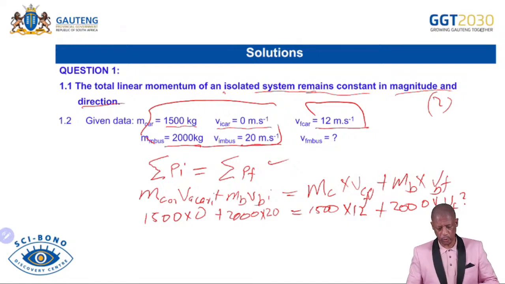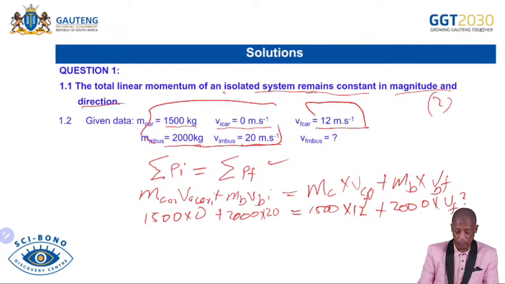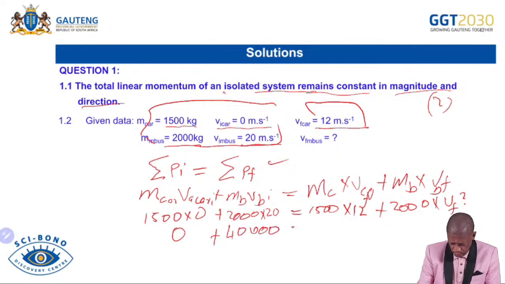Now, we go to our calculators and start calculating. What do we know? Any number multiplied by 0 is going to be 0. Plus, then we calculate in our calculator 2,000 multiplied by 20, that will give us 40,000, equals to.